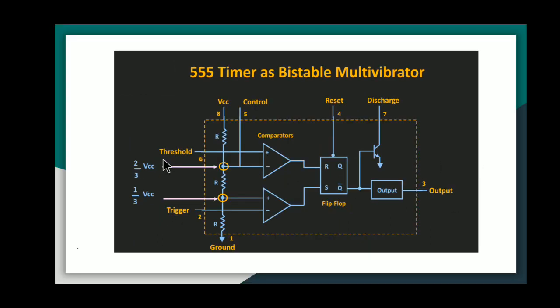Since the threshold pin is connected to the ground terminal, the threshold voltage is lower than the reference voltage of comparator 1, and in that case, the output of comparator 1 will be equal to logic 0. And the trigger is connected to VCC. It means that the trigger voltage is greater than the reference voltage of comparator 2, and the output of comparator 2 will be logic 0.